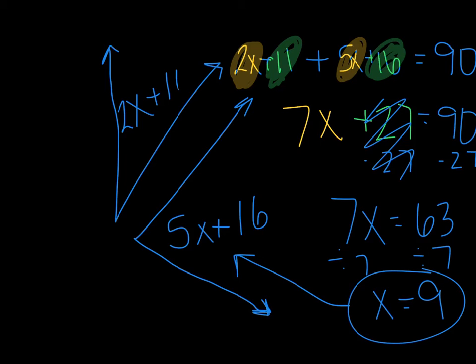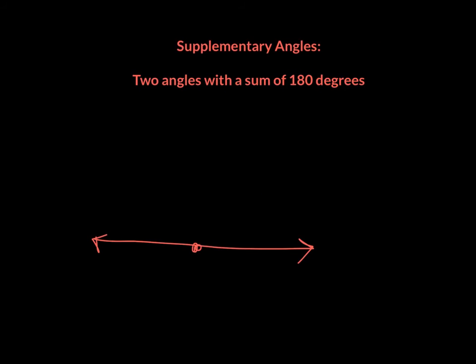So we're going to use the same idea and reinvestigate the supplementary angles. So supplementary angles are the same idea, but instead of being 90 degrees, we're talking about 180 degrees. So instead of a right angle, we're looking at just a flat or a straight angle. So this is going to be two angles added together, going to give you 180 degrees. So I'm just going to go ahead and split this one like this real quick.